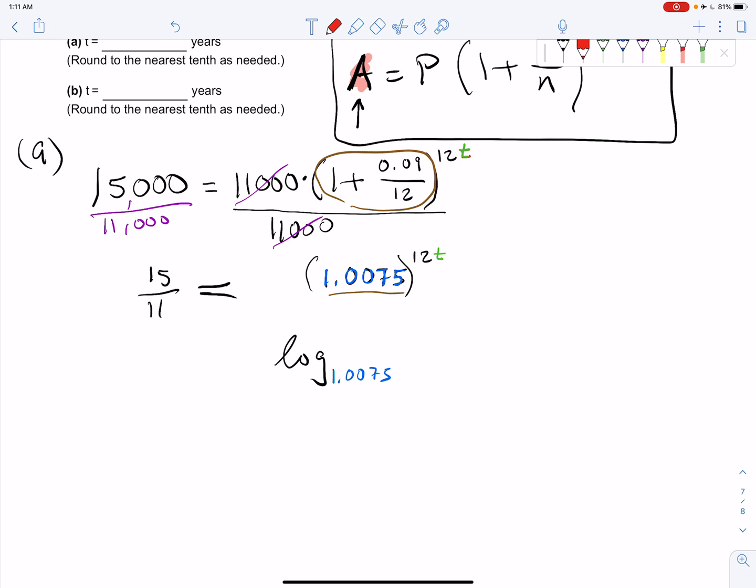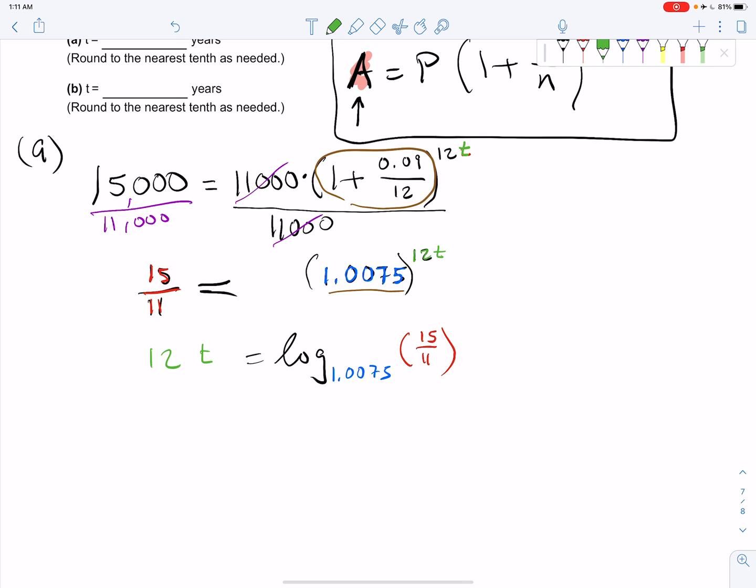What is the argument? The argument is this guy over here, right? We've done this process many times. It's just that this has all these decimals. People get all wigged out. But that's 15/11ths. And what does this equal to? It's equal to the power, also known as the answer in this case, 12t.